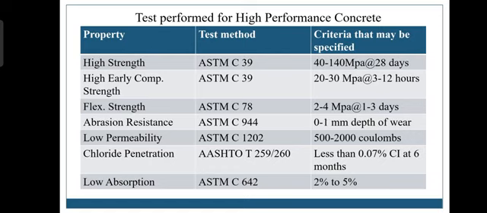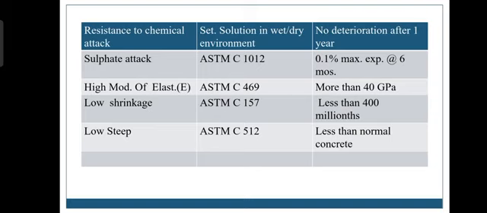For abrasion resistance, the ASTM C944 test is performed. For low permeability, the ASTM C1202 test is performed. For chloride penetration, the AASHTO T259 or T260 test is performed. For low absorption value, the ASTM C642 test is performed.